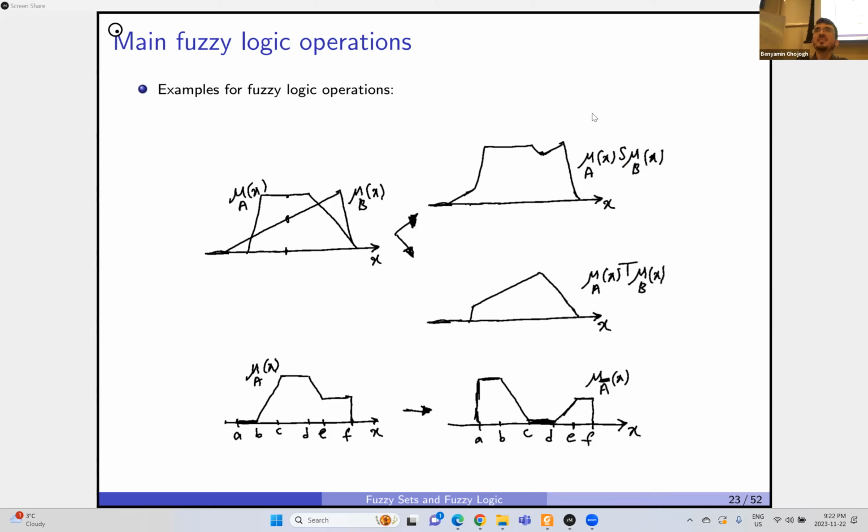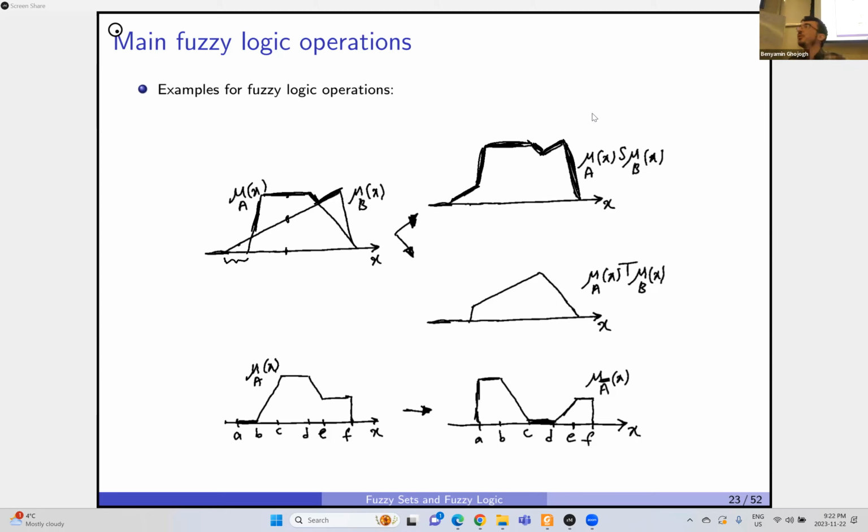For the S norm, let's use the maximum. Here mu B is larger, so I use mu B. Then here mu A is larger, so mu A. Mu A again. Mu A. Mu B is larger here, mu B. Mu B again. Max.